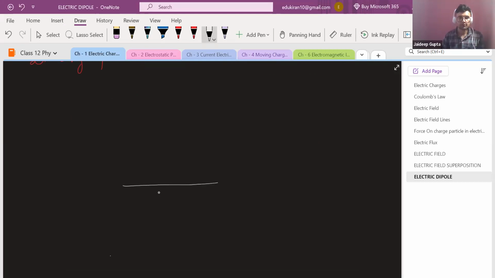This is a dipole axis. Make an angle theta. The dipole is towards this. We have to calculate the electric field at point P.